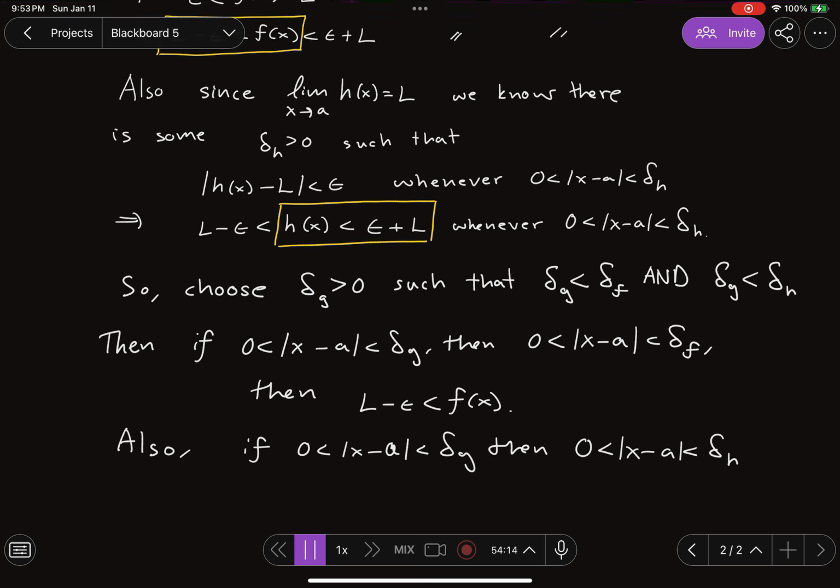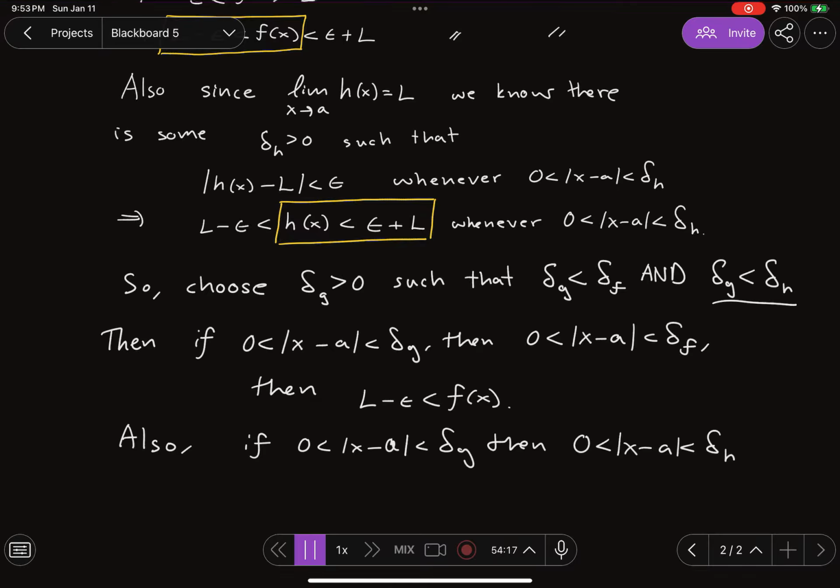It's out of frame. So that h of x is less than epsilon plus L.